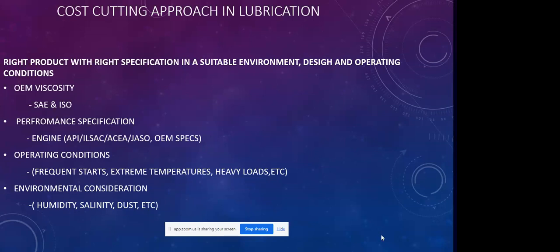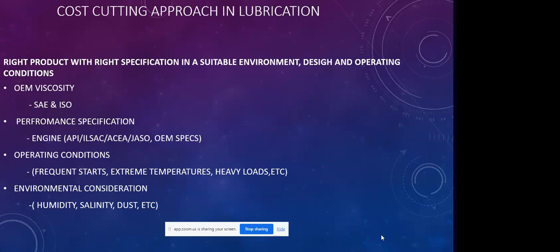In an environment that is very saline, for our colleagues who are in upstream, clearly you cannot stay within the drain interval as stated in the manual, because you'll be taking the equipment into a special environment and you will need condition monitoring to optimize the drain interval, looking at the specification and also looking at the special environment in which you'll be operating.